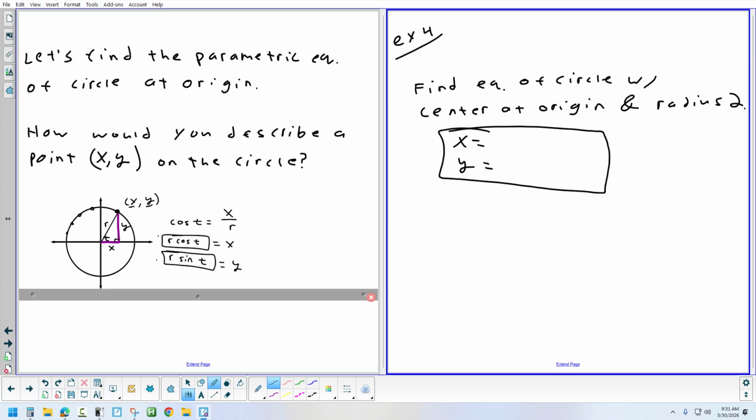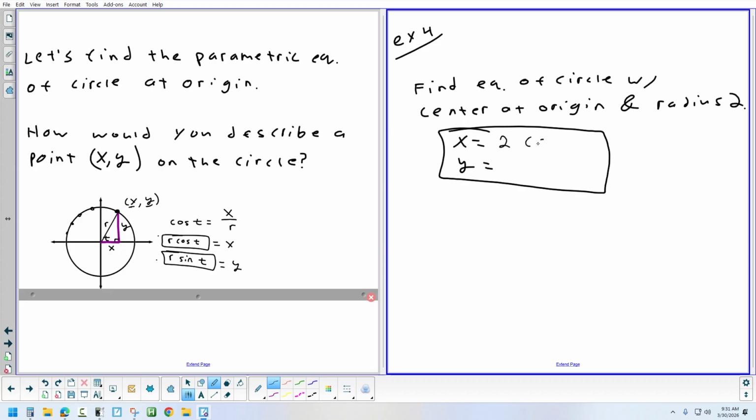So let's try drawing a circle specifically with a radius of 2. So now I don't want to write r, I want to fill in what r would be in that problem. So Marin, what would be the formula for x to draw a circle with a radius of 2? The radius is 2, so 2 cosine t.